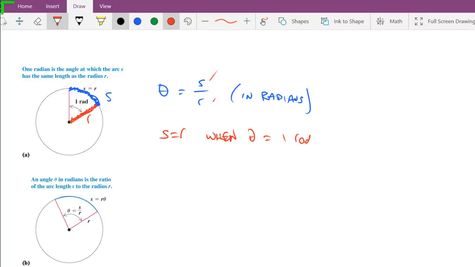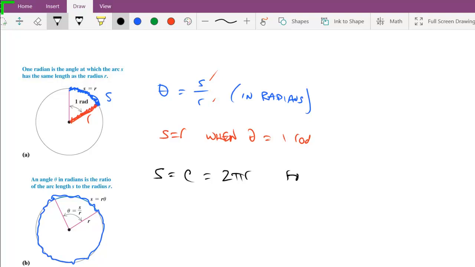And we know that in 1 full revolution, if we go all the way around the outside here, then the arc length would be equal to the circumference, which is equal to 2 pi r. We know this from our math classes. So the arc length is equal to 2 pi r when we have 1 full revolution.